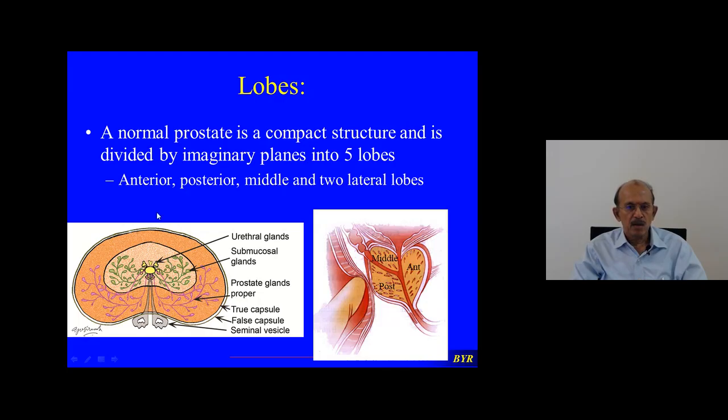And you focus your attention on the image on the left side, this one. That part of the prostate gland situated lateral to the prostatic urethra is called the lateral lobes.